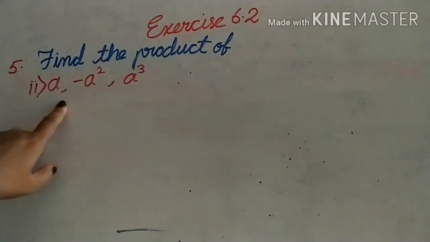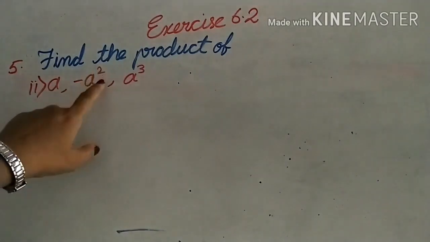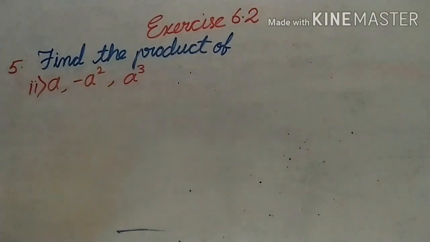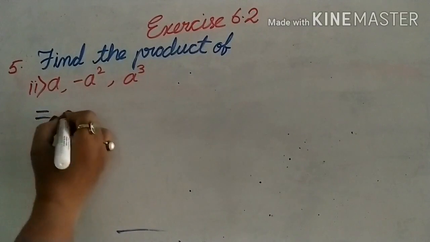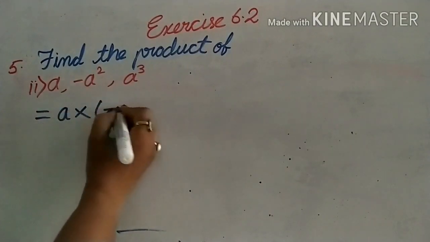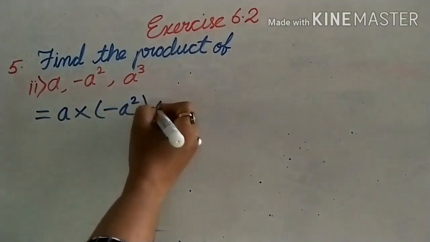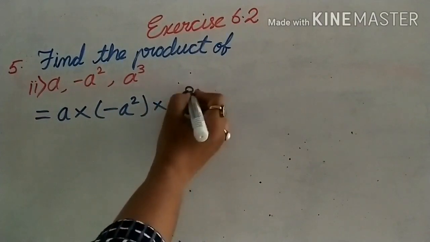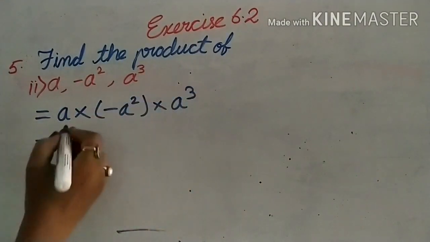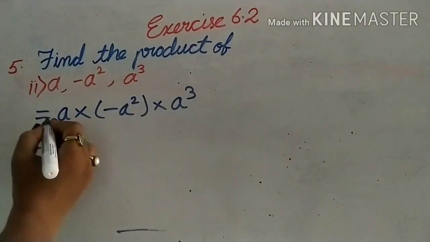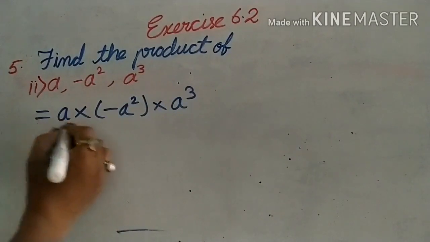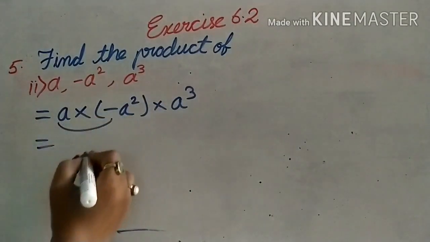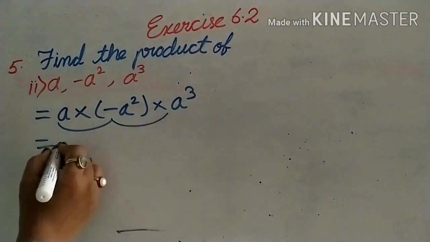Second one, a comma minus a raised to 2 comma a raised to 3 means is equal to a into minus a square into a raised to 3. Now we have to multiply. Now here no sign, means always there will be a plus sign. So plus into minus, minus, minus into plus, it is always minus.